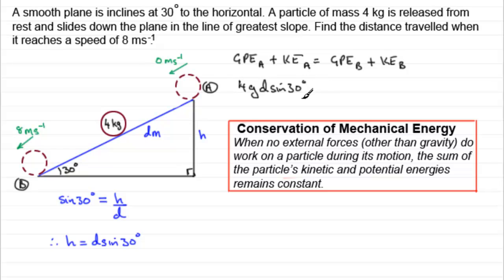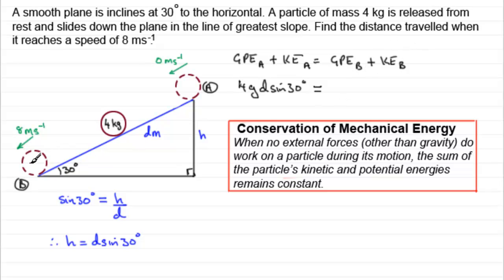No kinetic energy at A. So it equals now the gravitational potential energy at B. But at B, the particle has no height above this 0 level, so there'll be no gravitational potential energy at B.